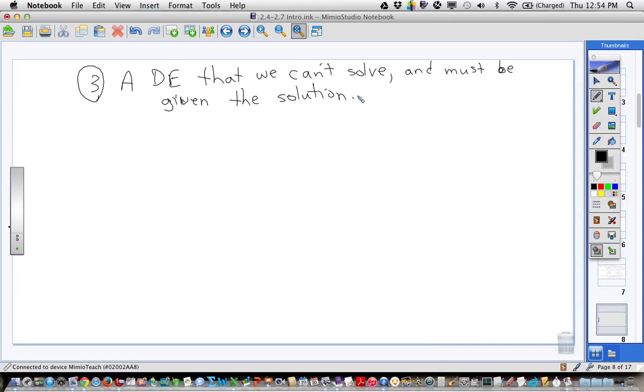Now, what we're going to do in a problem like that is verify, or see if the solution is actually a solution.